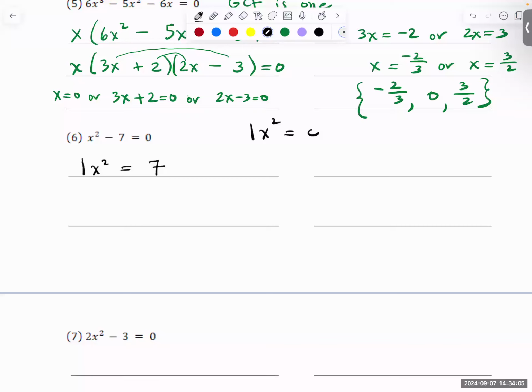Now x could be any real number, negative or positive, and we're going to take the square root of both sides of the equation.